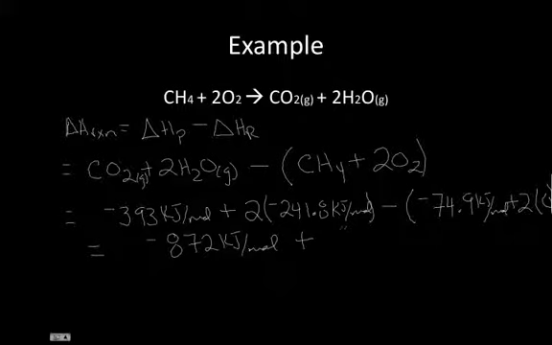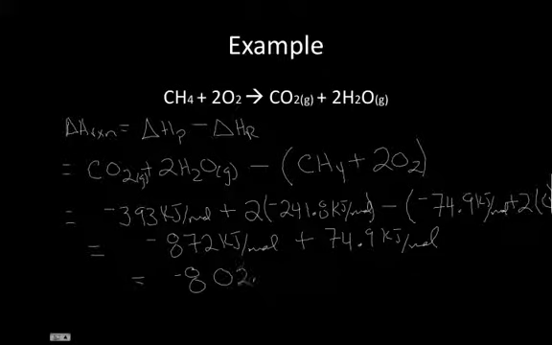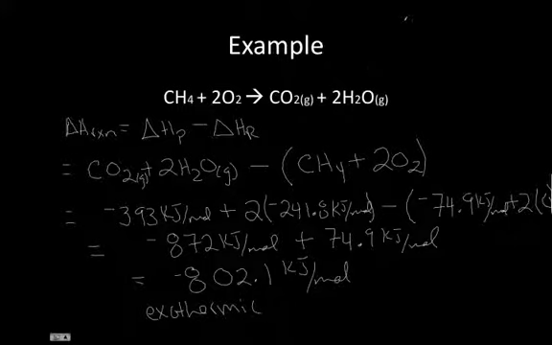And minusing a negative is like adding a positive, so we add the 74.9 kilojoules per mole, and we get an overall value of negative 802.1 kilojoules per mole. So in doing this, you should find that because this is negative, this is an exothermic reaction. So this is exothermic.